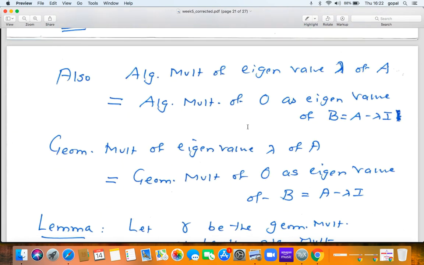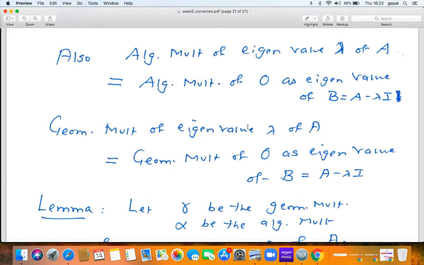For the algebraic multiplicity equality, let me give you a hint. Suppose I give you a quadratic equation x squared minus 2x plus 1. It has equal roots. Now instead of x, I put x equal to y plus 3, and I create a new quadratic equation: (y plus 3) whole squared minus 2 times (y plus 3) plus 1 equal to 0.